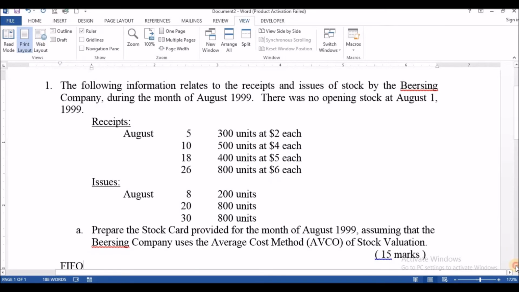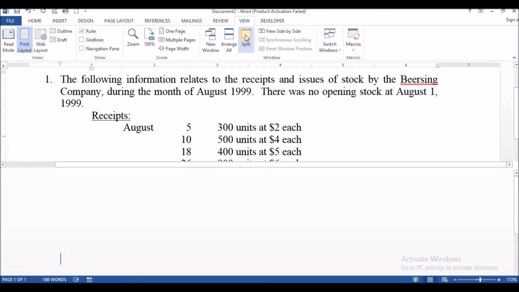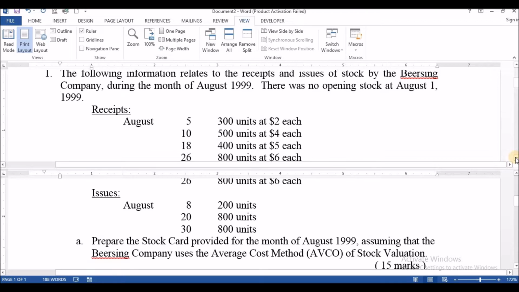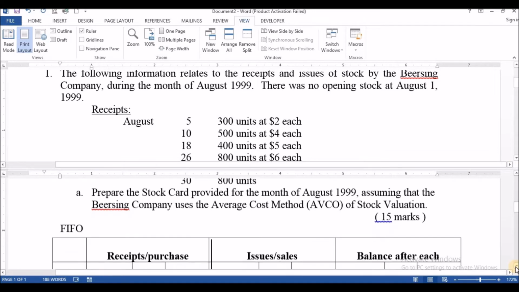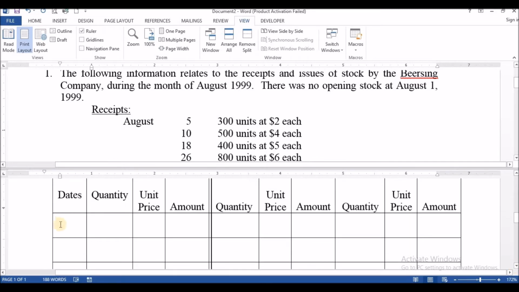Alright, so I'm going to split the screen so that I can have both on it at the same time. The bottom screen will be for the stock card. Alright, so let me enter now. So we already know that this is for 1999.